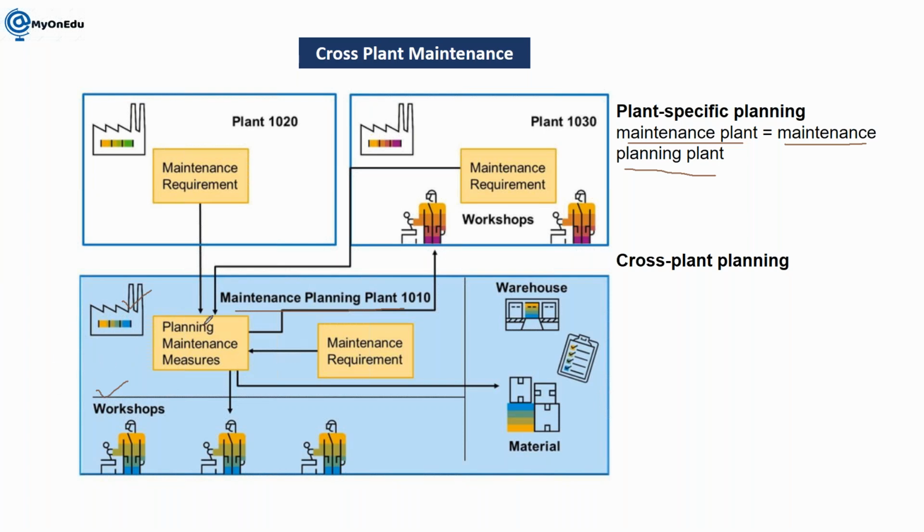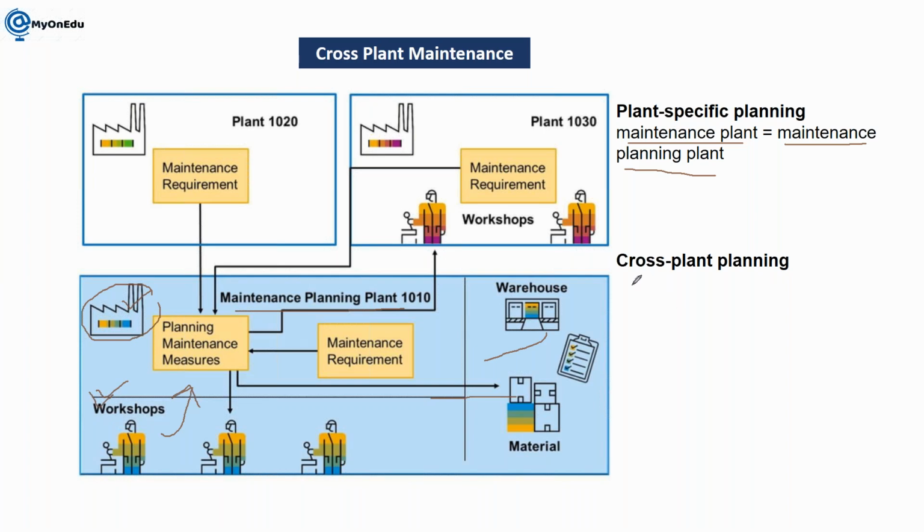Your equipment is installed in the same place, and you are planning all the maintenance activity within the same plant. You are taking any material to consume in your maintenance activity, and the resources also come from the same plant with reference to your work center. So this is your plant-specific planning.